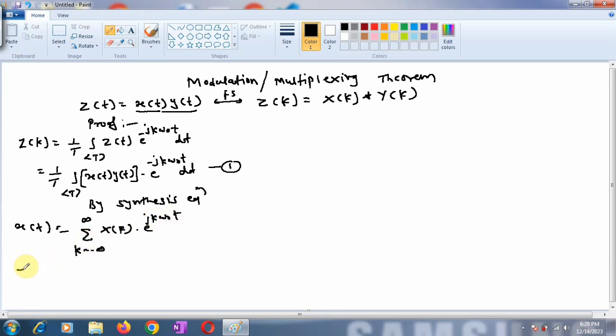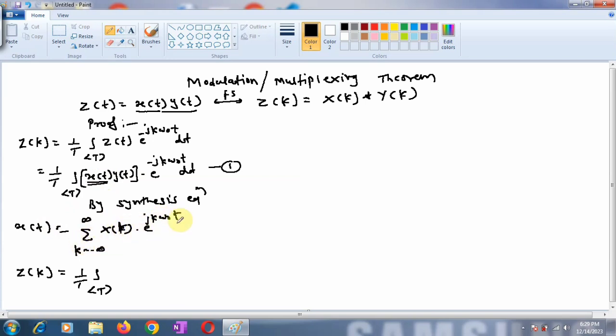So now we'll have z of k is equal to, now see, 1 by T will be as it is, then integration over the period T will be as it is. Now I will put this value of x of t. But what is x of t? This is summation k is equal to minus infinity to infinity x of k into e raised to j k omega 0 t.